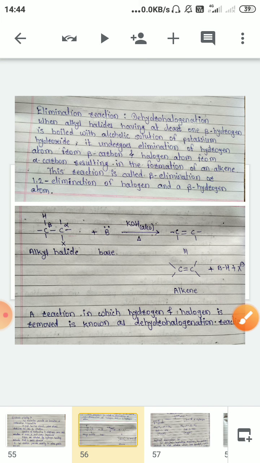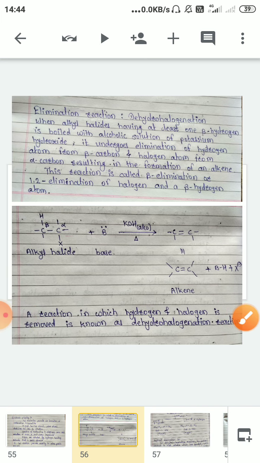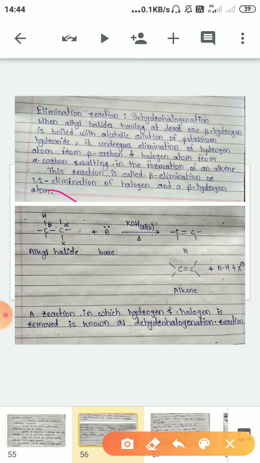Now if we consider this alkyl halide to be a symmetrical alkyl halide, or if the alkyl halide has only one carbon bearing beta hydrogens, then only one product will be formed.